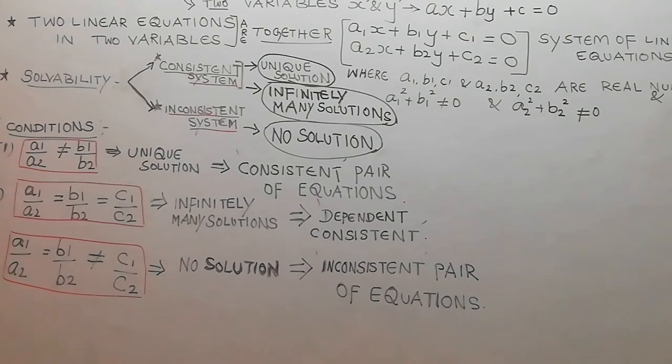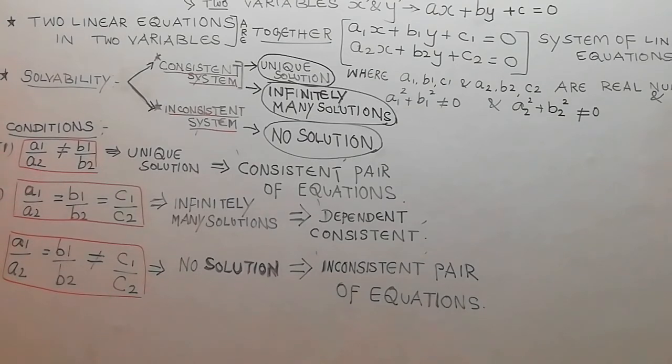Okay. The third condition is if A1 by A2 is equal to B1 by B2, that is the ratio of the coefficients of x and y must be equal, but that will not be equal to the ratio of the constant terms. That means A1 by A2 will be equal to B1 by B2 but not equal to C1 by C2. That indicates the system of linear equations will have no solution at all.